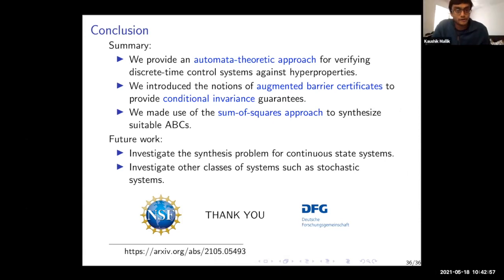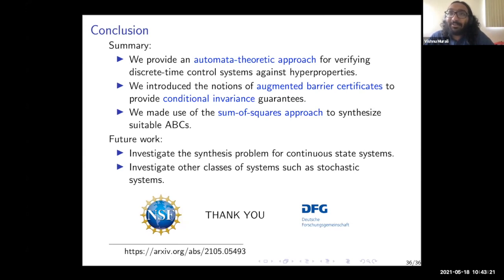So I was just wondering, this is all for conditional invariance because you are using barrier certificates. Is there some equivalent extension to conditional liveness or something like that? That's a good question. For now, barrier certificates give us the guarantee of invariance. So the question is, what equivalent property do we consider in the case of liveness?